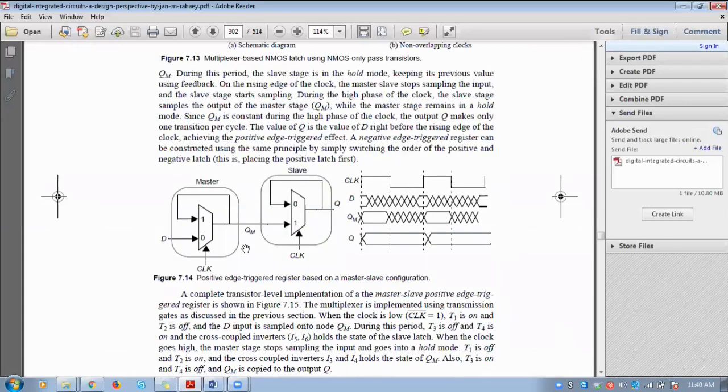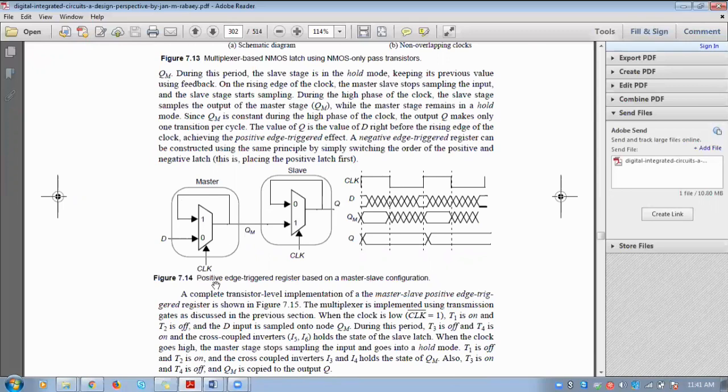So this is a positive edge triggered master slave combination using multiplexer. As I have already specified here, the name positive comes from the slave side. So you have to keep in mind that if I am telling it is a positive edge triggered register, then the slave should be a positive latch, and the master should be a negative latch.